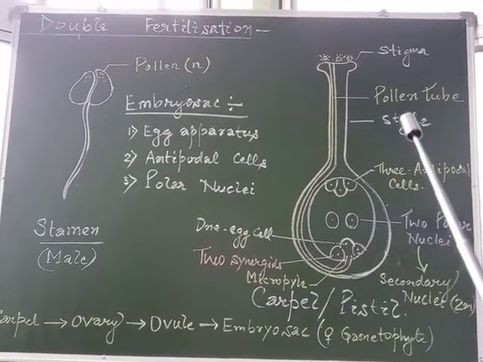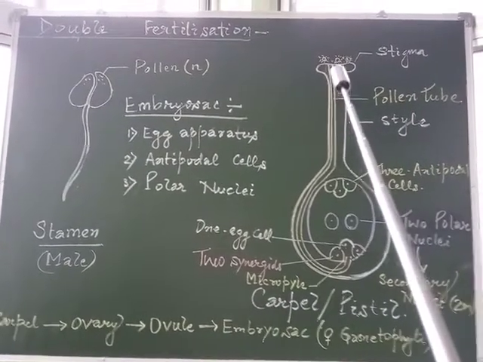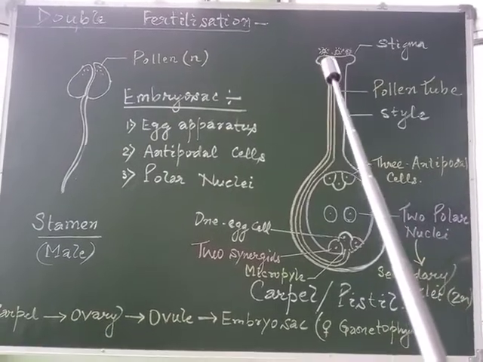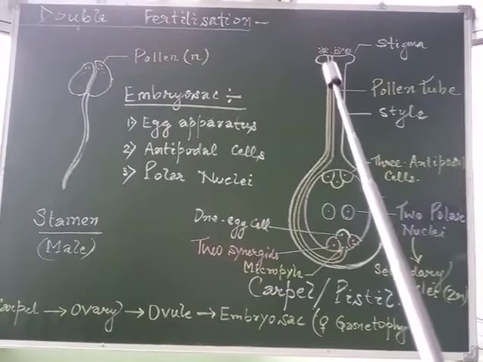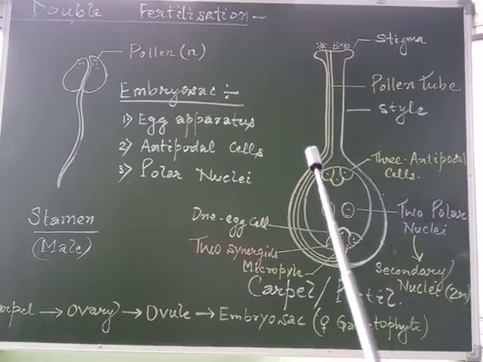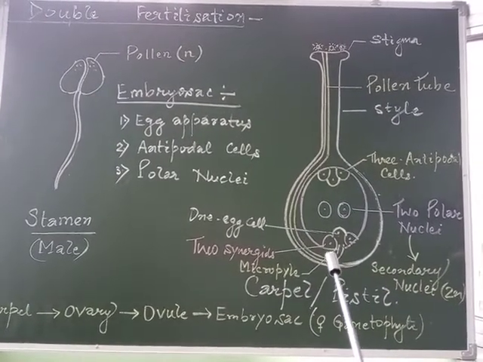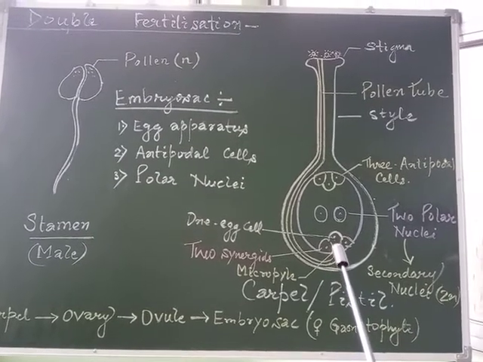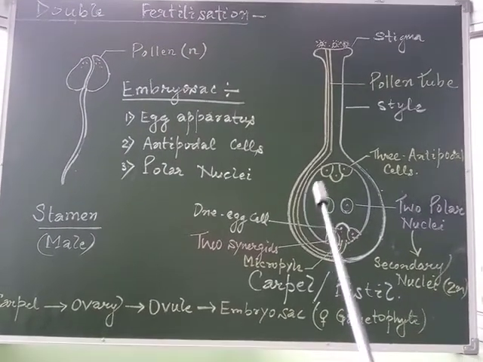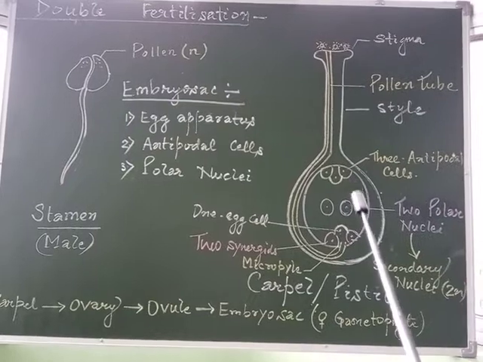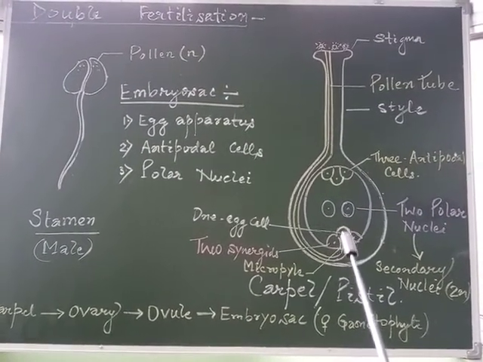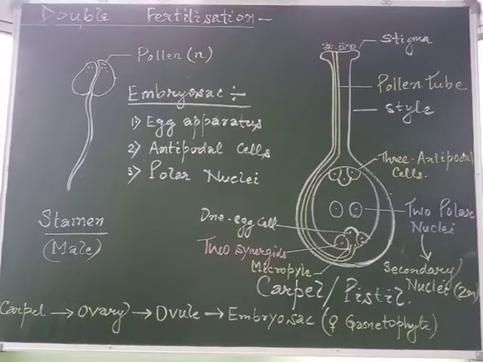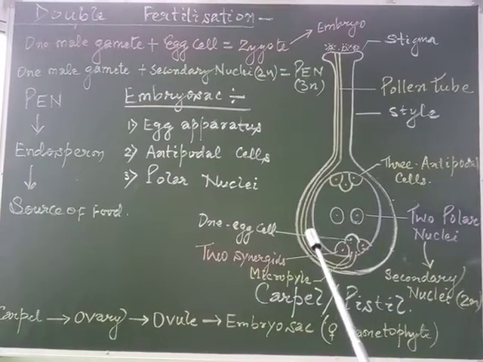So we may observe the pollen tube which has been formed by the germinating pollen grain, and when it enters the ovule, it releases two male gametes.